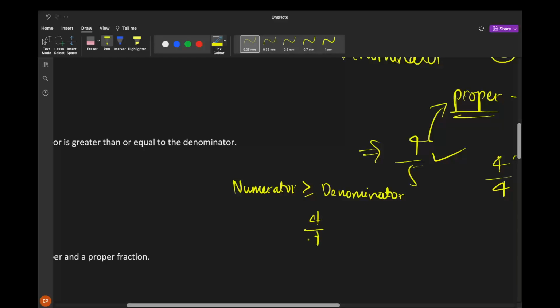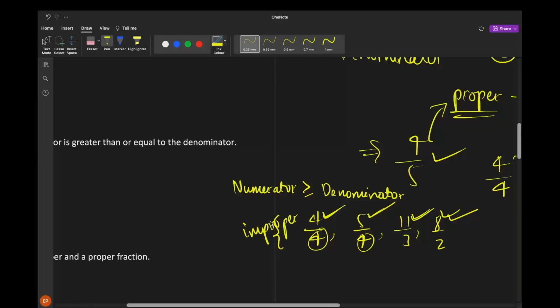Examples: 4 by 4, 5 by 4, 11 by 3, 8 by 2. In these, all numerators are greater than or equal to the denominator. Here it is 4, so this is equal. Here 5 is greater than 4, 11 greater than 3, 8 greater than 2.